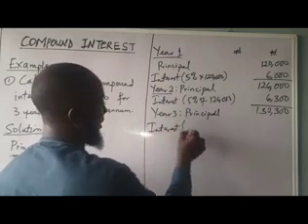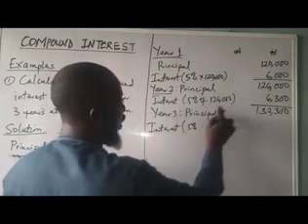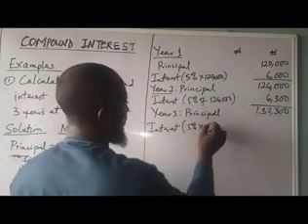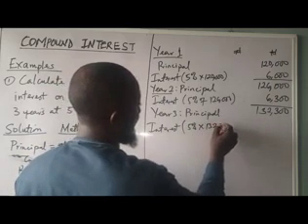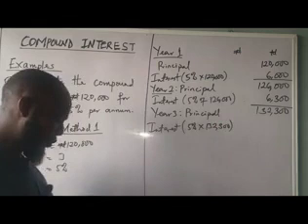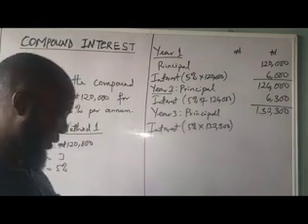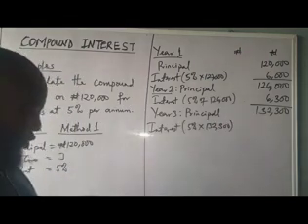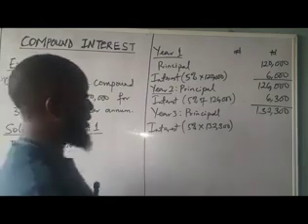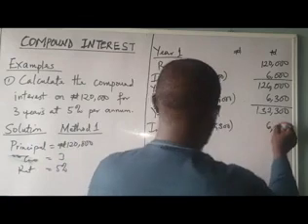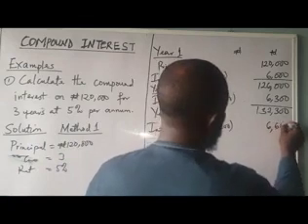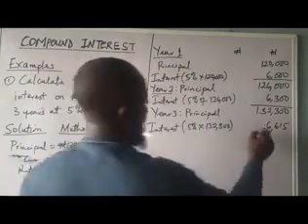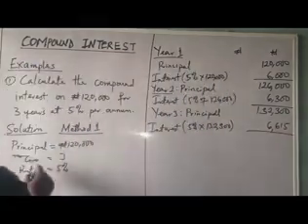We calculate the interest, which is 5% of the principal, times 132,300. So that is 0.05 times 132,300, and that gives 6,615.